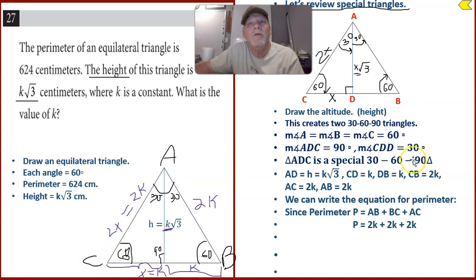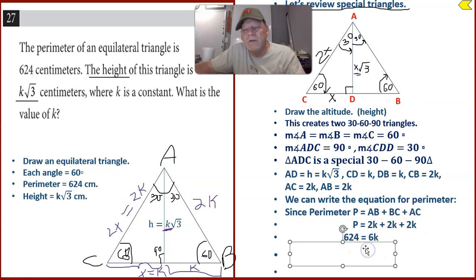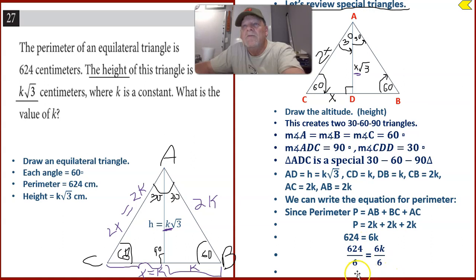And that's where all of these side lengths are coming from. Well, we know that it's 2k, 2k, 2k. Do we know the perimeter? We sure do. It is 624, and that equals 2k plus 2k plus 2k, which is 6k. Divide both sides by 6, and you get k equals 104.